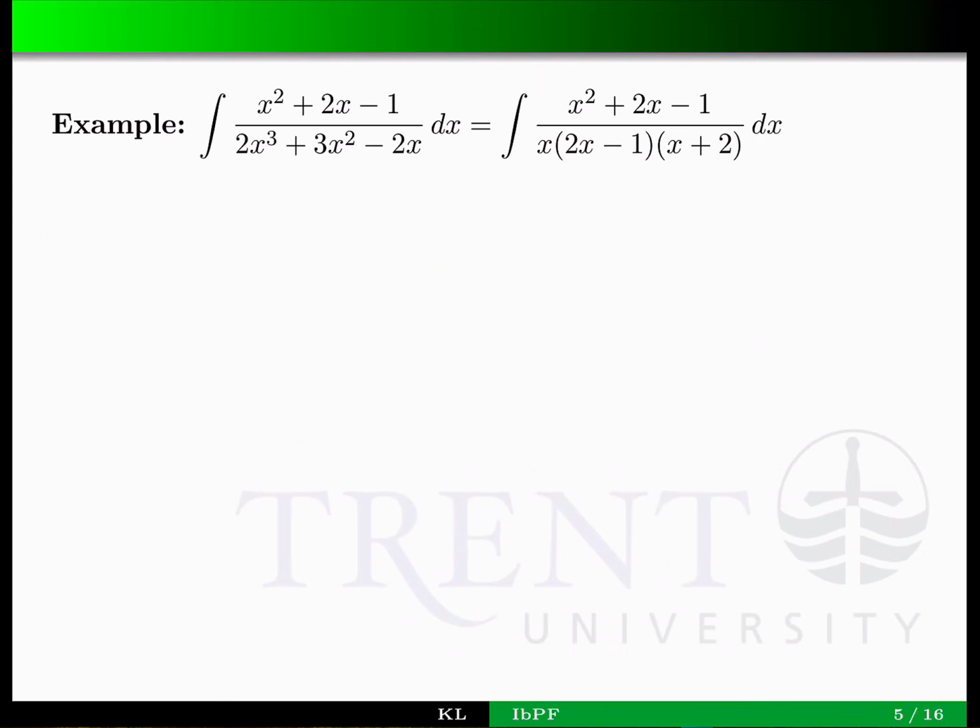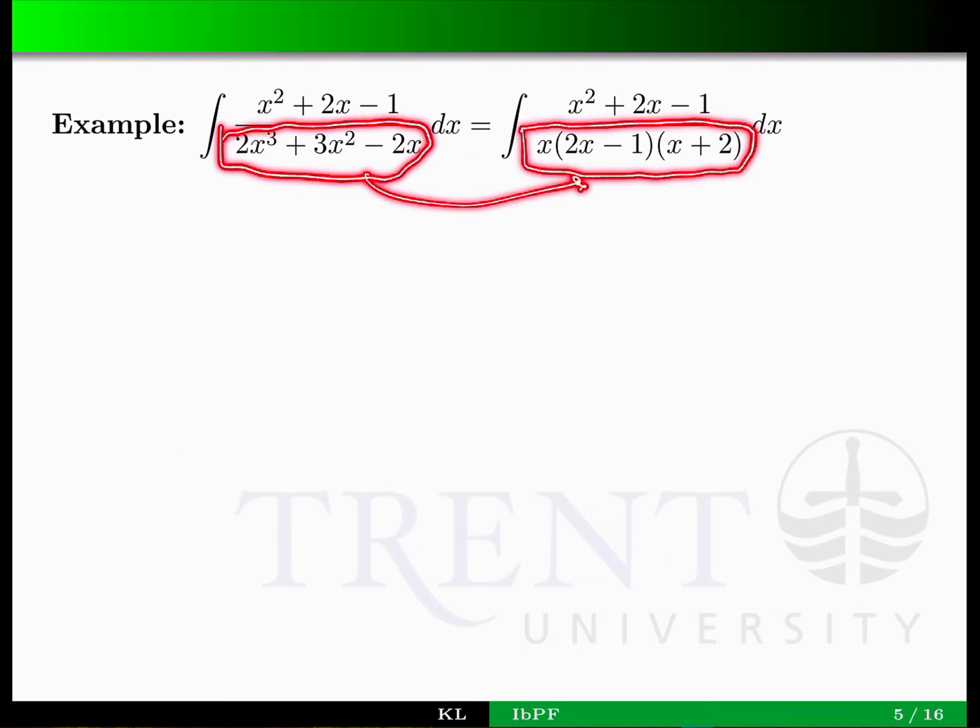So, example, we want to integrate x squared plus 2x minus 1 over 2x cubed plus 3x squared minus 2x. In here, I have already factored the denominator into x times 2x minus 1 times x plus 2.